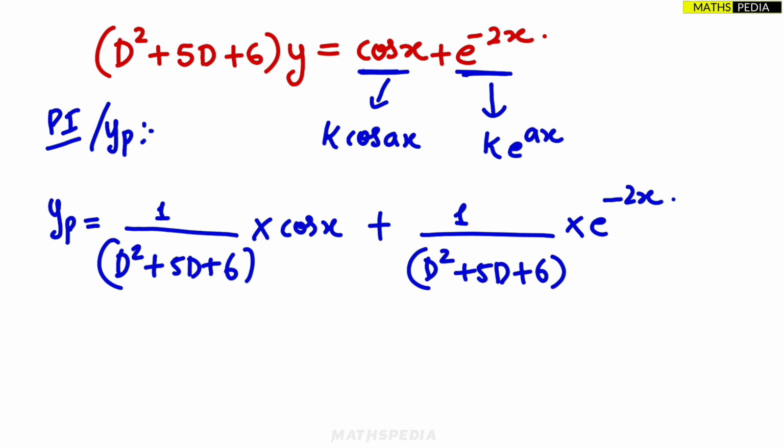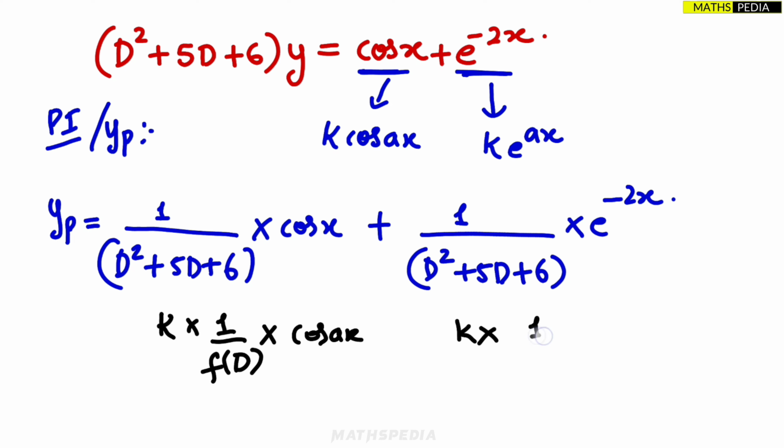It's quite simple. What you have to do is k into 1 by function of d into cos ax, and for this one the same thing, k into 1 by f of d, function of d, into e power ax, right? So this form we have to bring. So the yp value is nothing but this and this form.